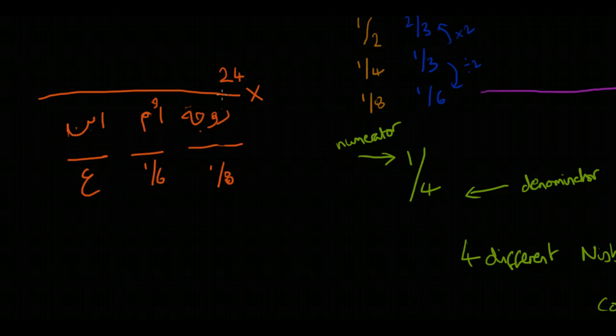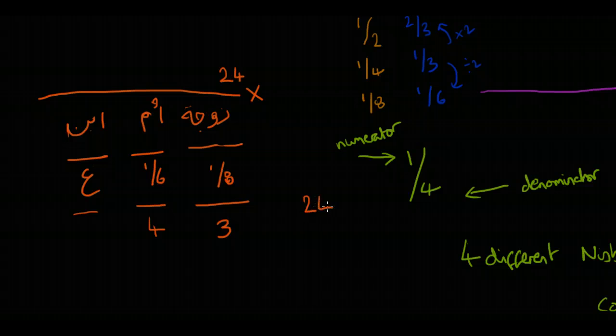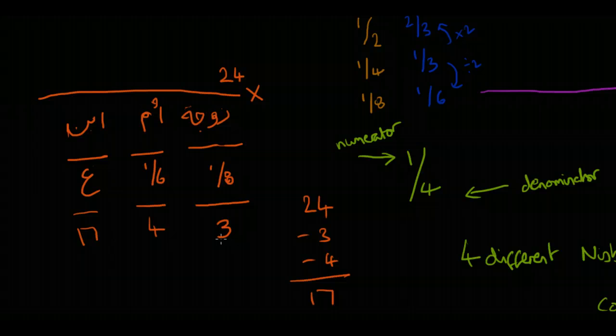So we place 24 up here, and then the final stage of the calculation is to work out what an eighth of 24 is, and that comes to 3, and a sixth of 24 is 4, and then the remainder, after taking away 3 and 4, so we have 24, we take away 3, we take away 4, and we're left with 17, and we place 17 here, and then that now completes the calculation.